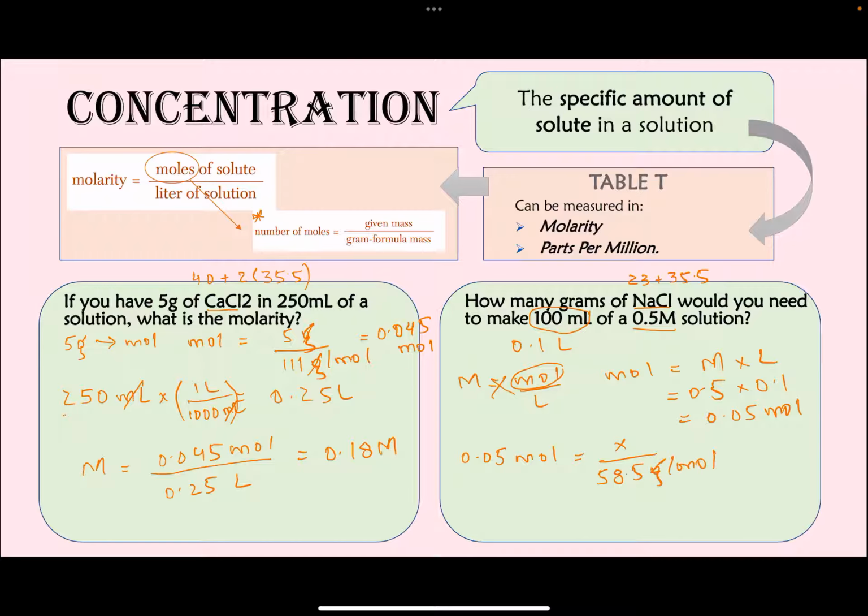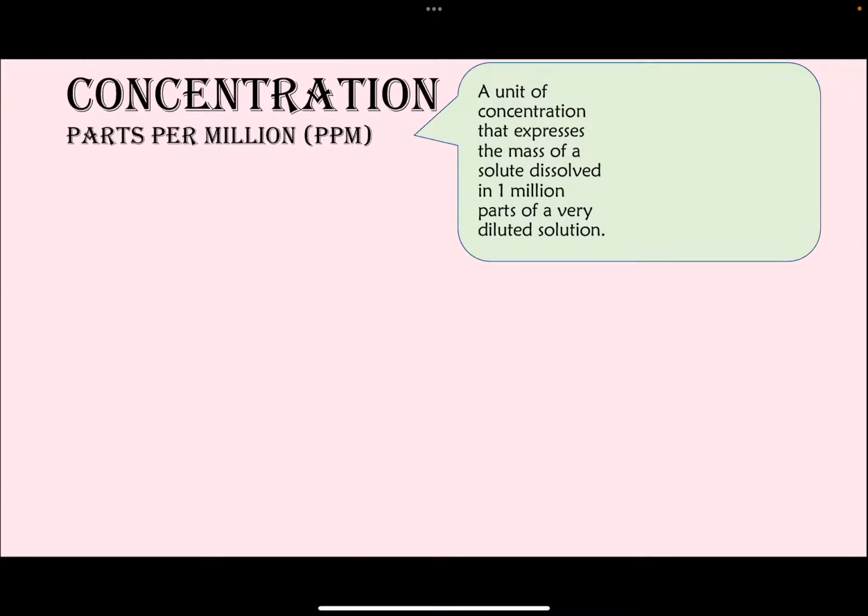So now moles are going to cancel with the moles, and if you multiply these two things, x is going to be equal to about 2.925 grams of sodium chloride. So that's your answer.